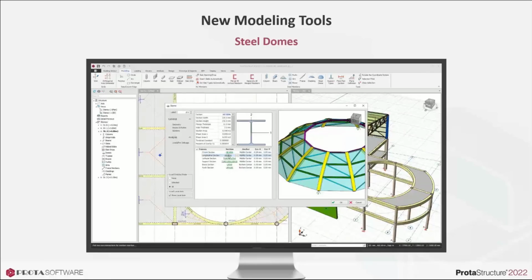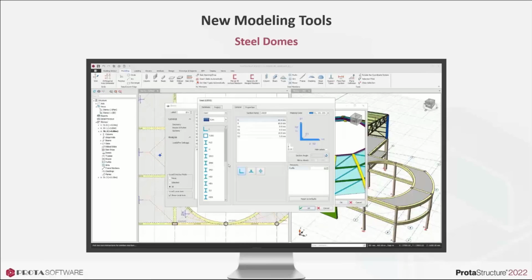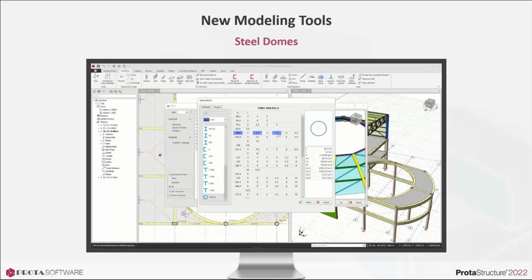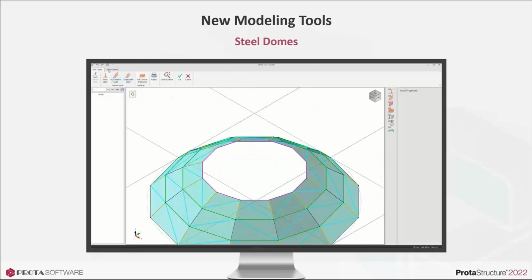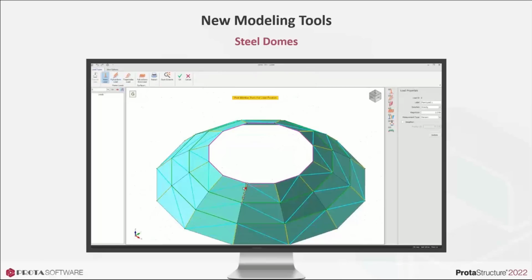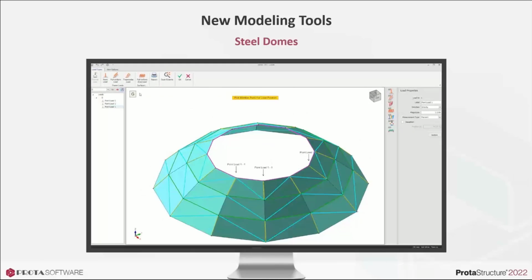After you insert the dome, you can easily load it using the load editor. Of course, after the analysis, you can design the individual members that make up the dome. So here on the screen, you see the load editor and how we load the dome.